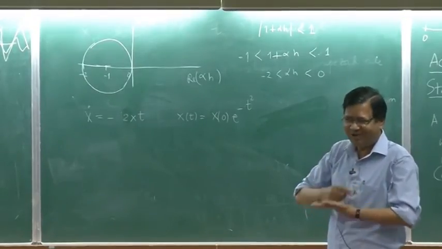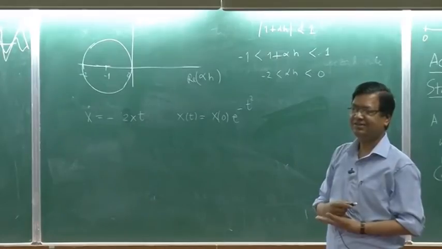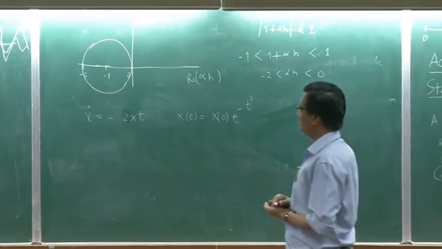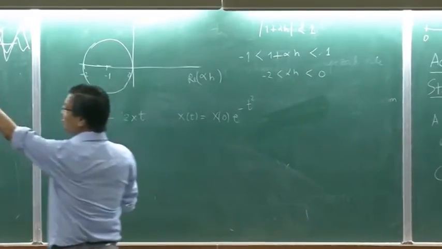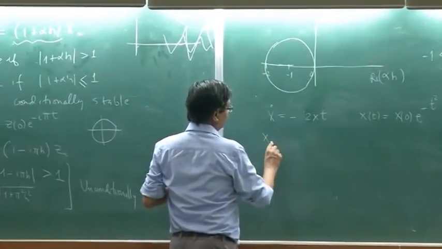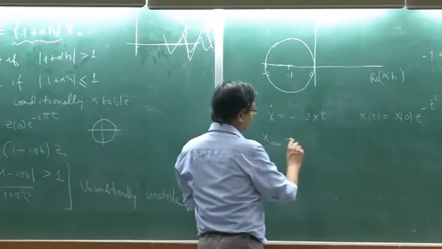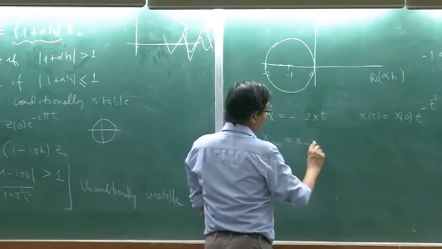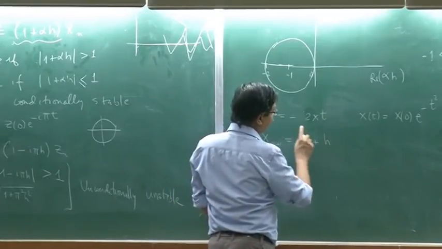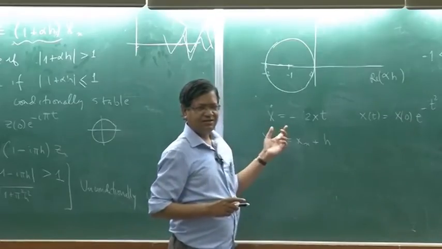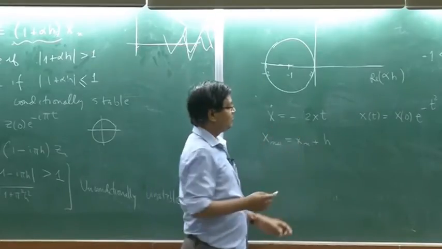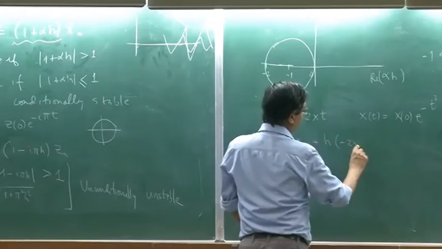I want to apply Euler forward. So, again the same formula, but I have to be a bit careful. x(n+1) equal to xn plus h times minus 2 xn tn.